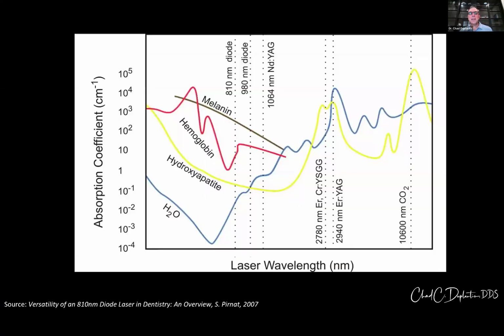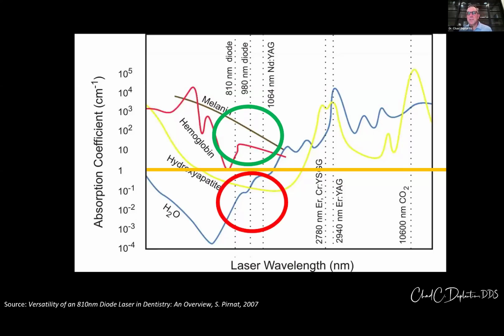And when we look at the absorption coefficient of various chromophores, we can see that the two that have a positive absorption coefficient for the wavelengths of diode lasers are melanin and hemoglobin, and the two that are poorly absorbed are hydroxyapatite and water, which once again tells us that this is truly a soft tissue laser.